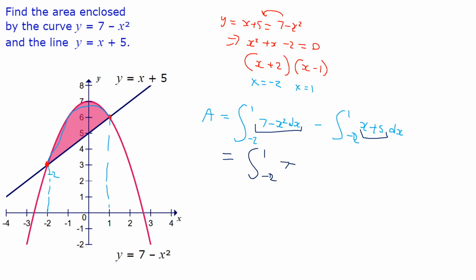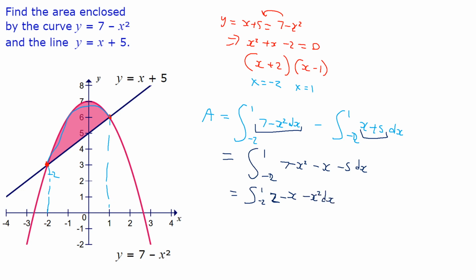So this is just 7 minus x squared minus x minus 5, dx, which will just summarize and become the integral between 1 and minus 2 of, no, not 7, 2 minus x squared dx, okay?